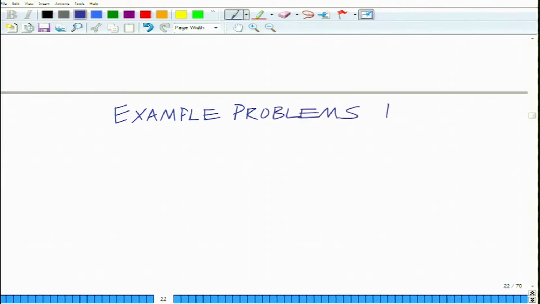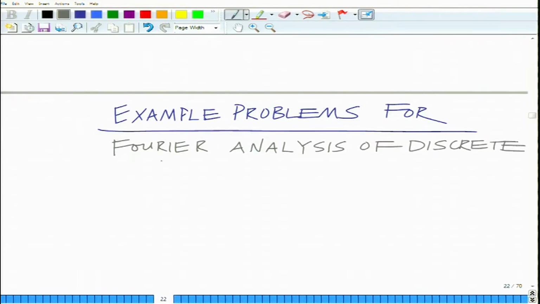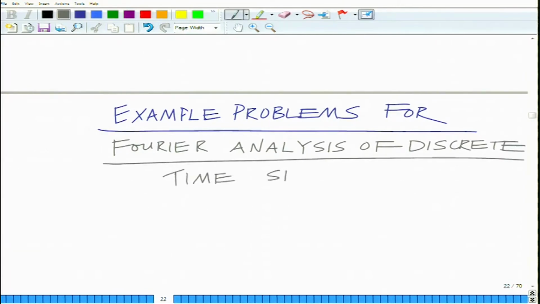In fact, several example problems for the Fourier analysis of discrete time signals.